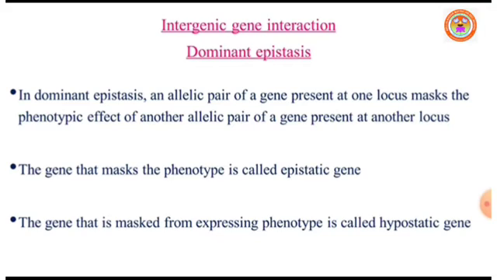So a pair of alleles at one locus belongs to a gene which affects or suppresses the phenotypic expression of a different pair of alleles of another gene found in another locus. The gene which suppresses the effect of another gene is called the epistatic gene, and the condition is called epistasis.